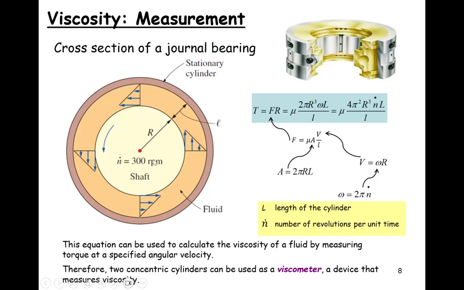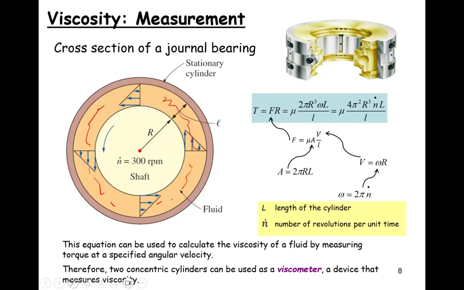Now, imagine you have a shaft in here and a larger cylinder, and between these two you normally fill the liquid whose viscosity you don't know, which is basically this yellow area here. You want to find the viscosity of this liquid. The outer cylinder is stationary.